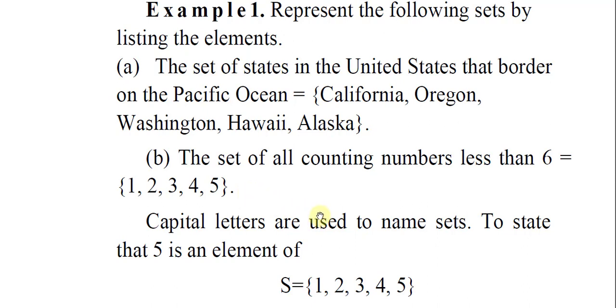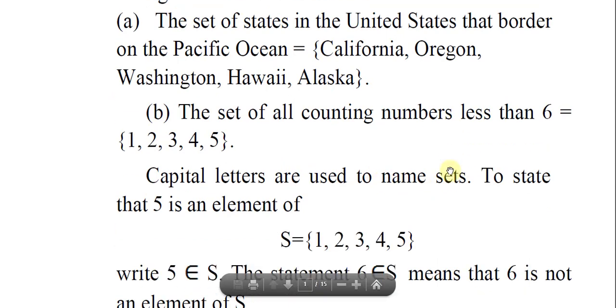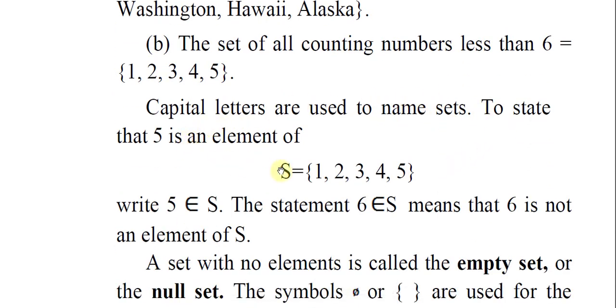And capital letters are used to name sets. For example, in this case, S is the name of our set, and an element is written with this symbol, belongs to. So 5 belongs to S, and the statement 6 does not belong to S means that 6 is not an element of S. Here we don't have 6.